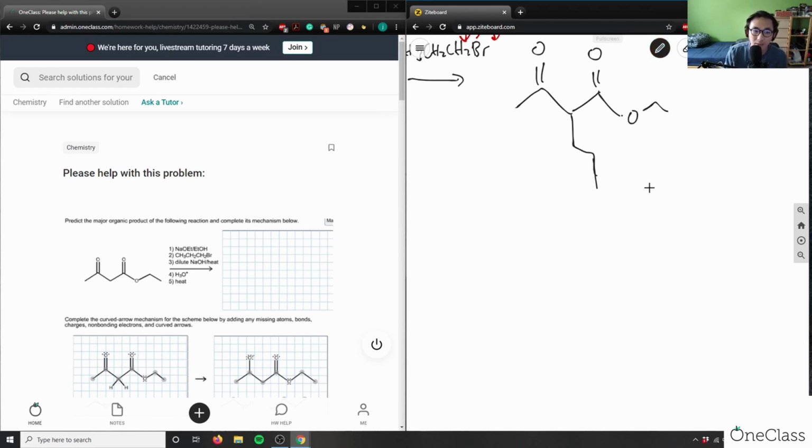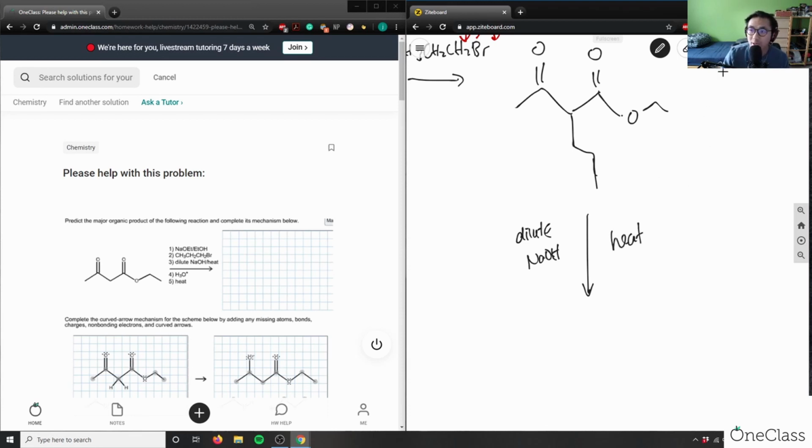If I had concentrated acid, remember, esterification is an equilibrium, so it pushes toward the ester. If it's dilute NaOH, it's going to do the backward reaction and create the carboxylic acid and the alcohol.